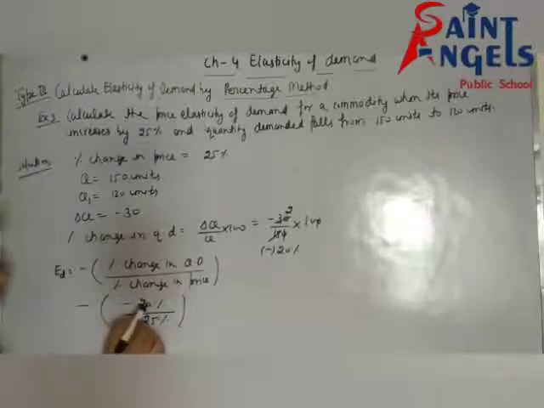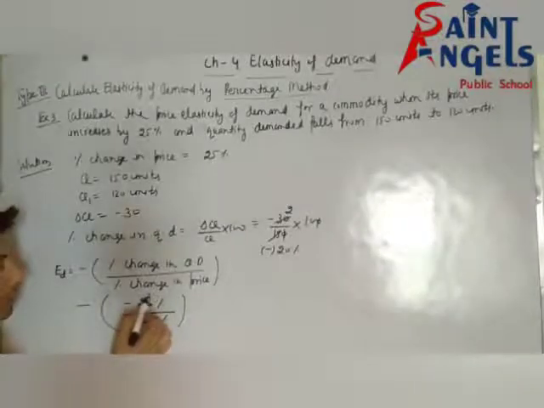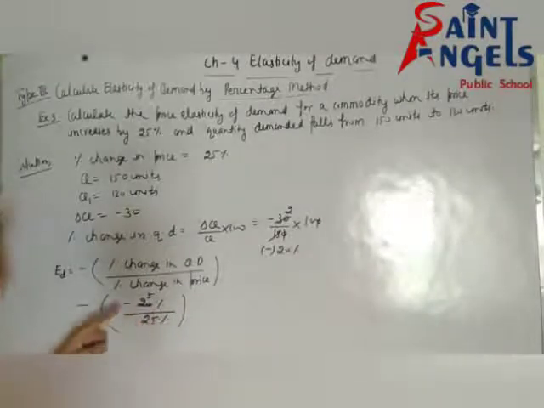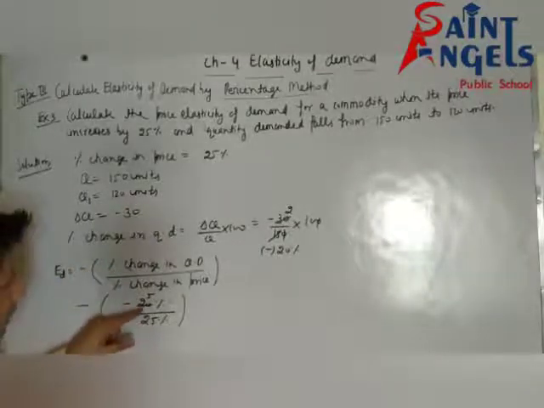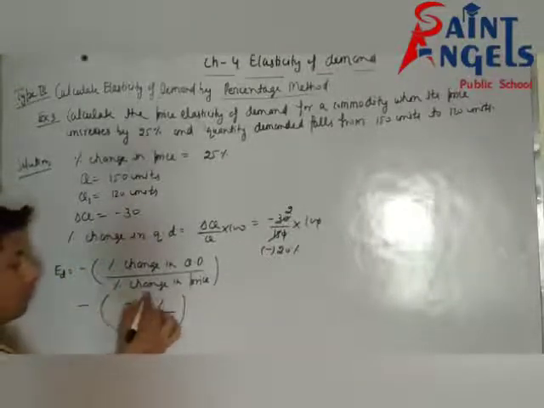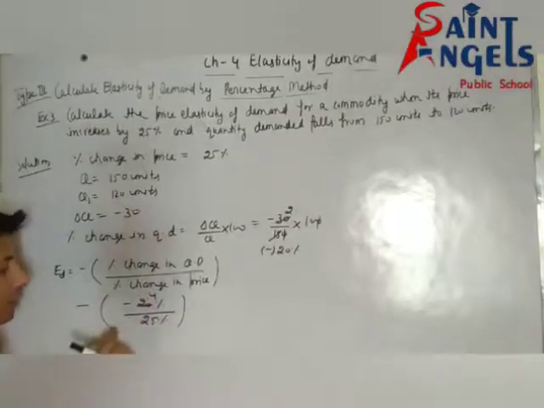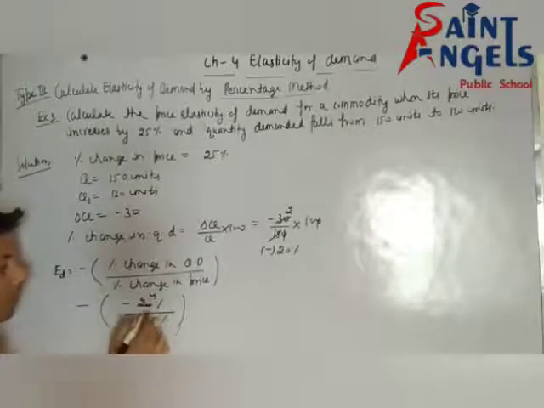And now 20 divided, see, both will be divided by 5. 20 divided by 5 is 4, and 25 divided by 5 is 5, so 4 by 5.